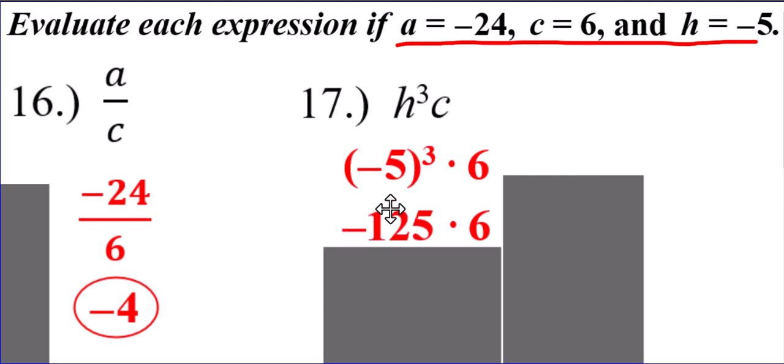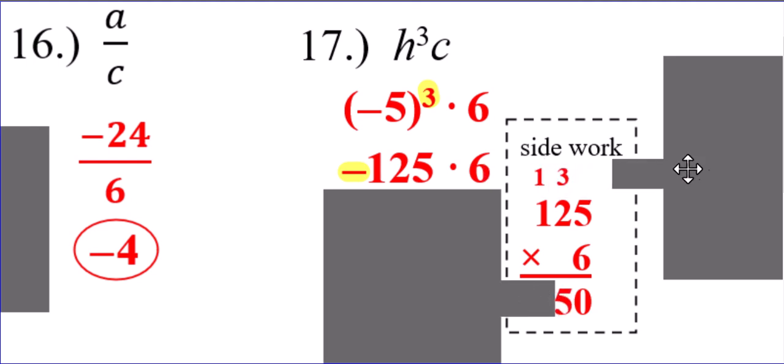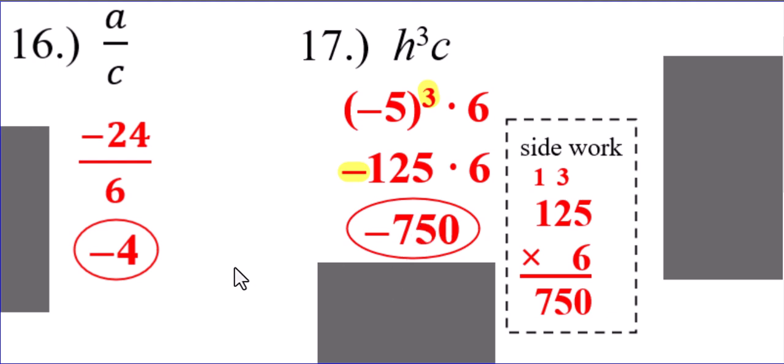But it's negative because, as I told you, an odd amount of negatives will keep the result negative. Now, let's take -125 times 6. 5 times 6 is 30, carry the 3. 6 times 2 is 12, plus 3 is 15, carry the 1. 6 times 1 is 6, plus 1 is 7. Different signs, so it is -750.